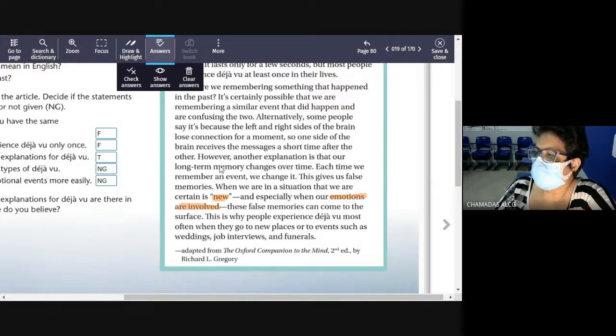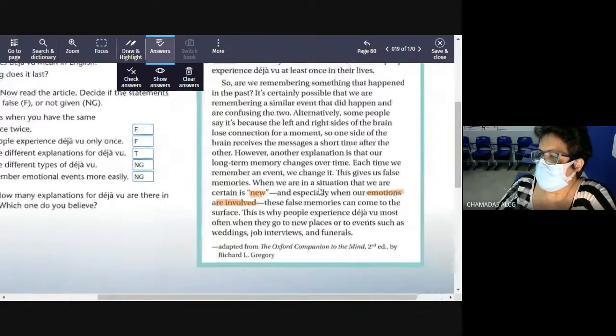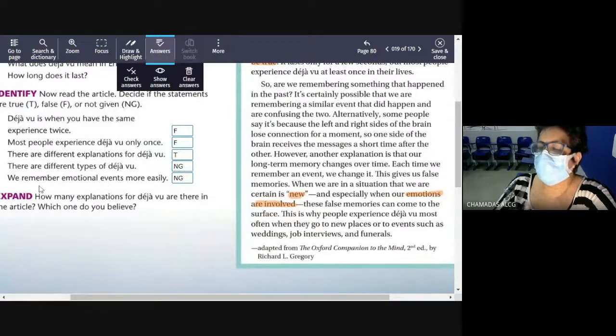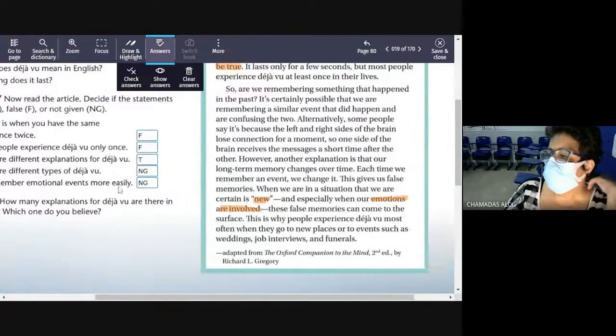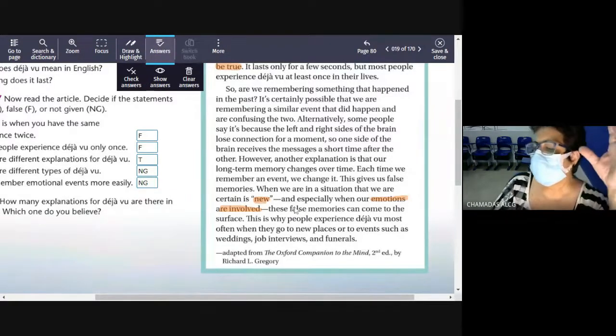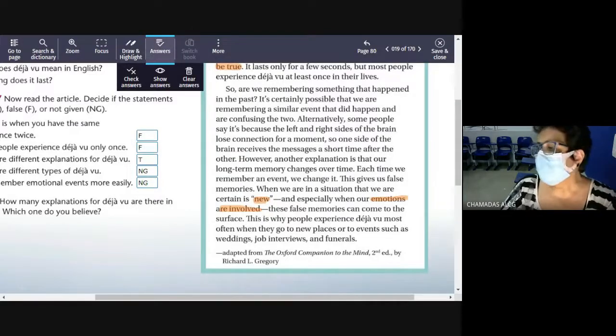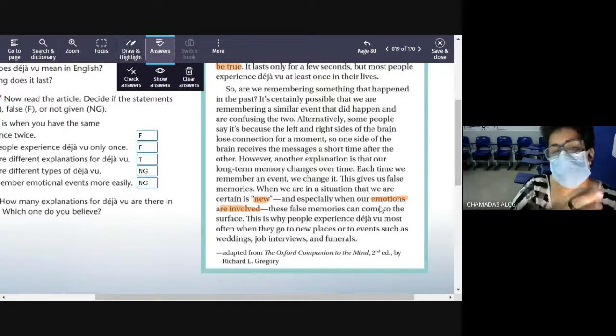Because they say that our long-term memory changes over time. So each time we remember an event, we change this event. This gives us false memories. So here, it doesn't say that we remember emotional events more easily, but it says that we have false memories of things, okay? So whenever we experience something new, these false memories can come to the surface.